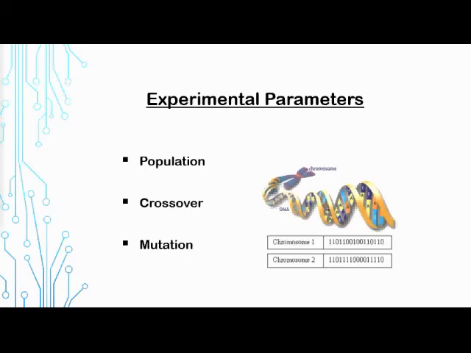Coming back to the experiment, the parameters that were used are as follows: population of 100, crossover probability of 0.6, and the probability of mutation at each iteration of 0.1. Now, it is recommended in the literature that a population of 100, a crossover rate of 0.6, and the mutation of 0.001 are optimal for many optimization problems where the parameters are kept static.